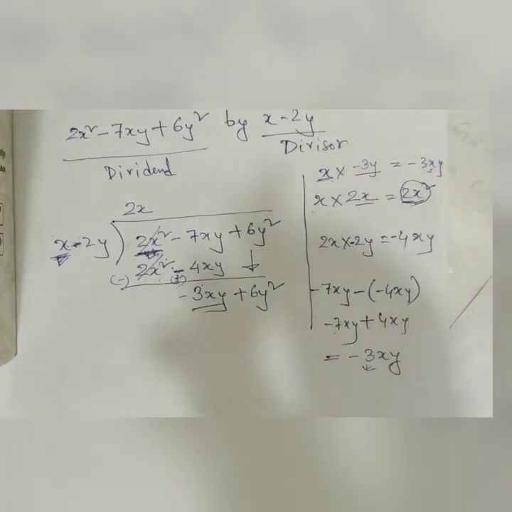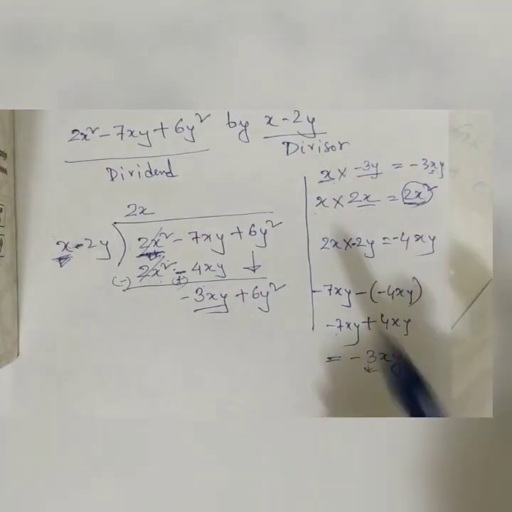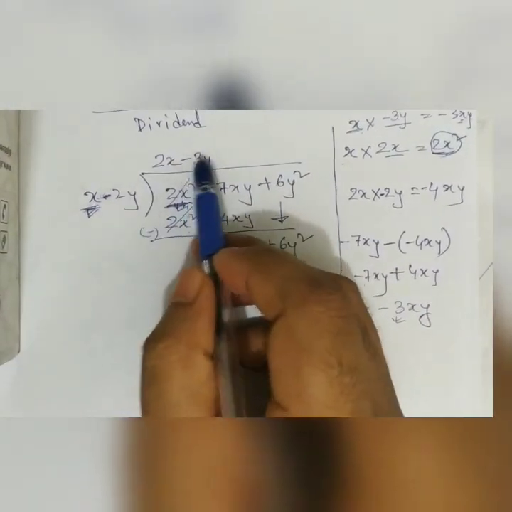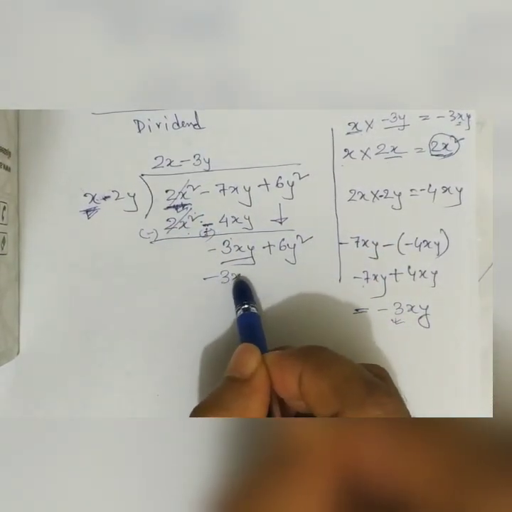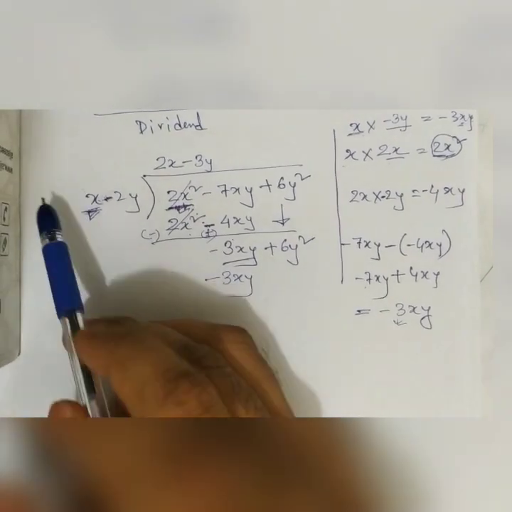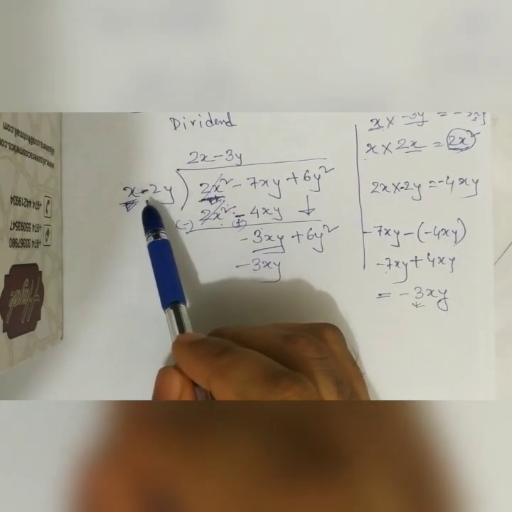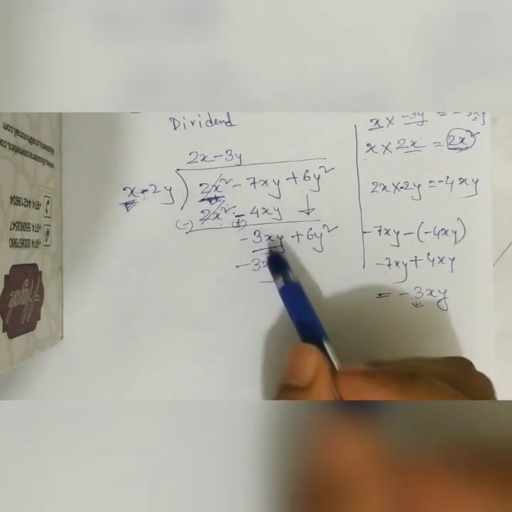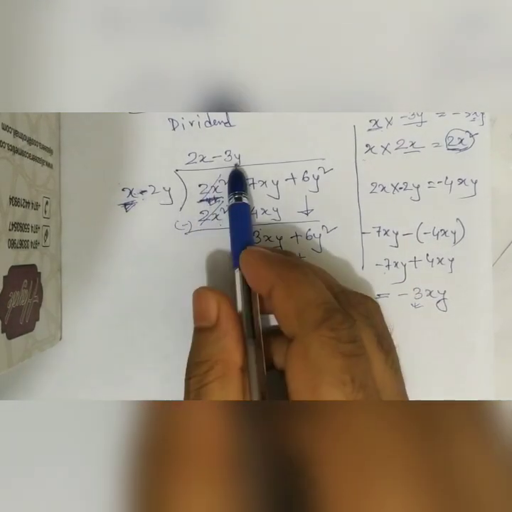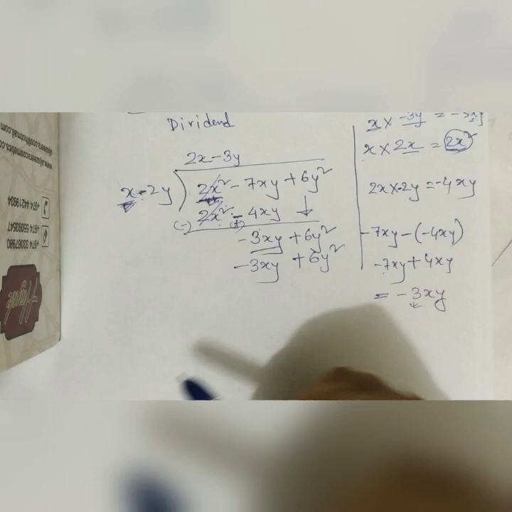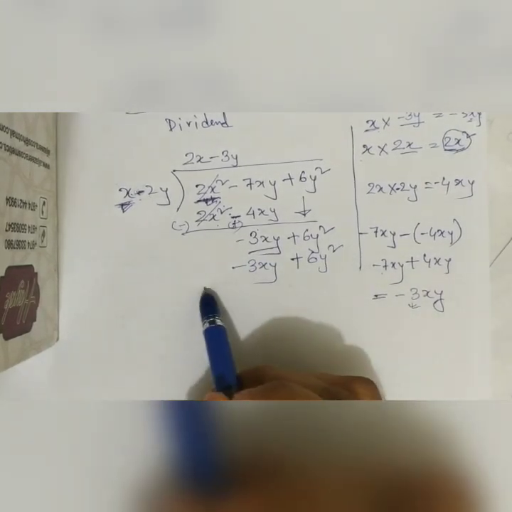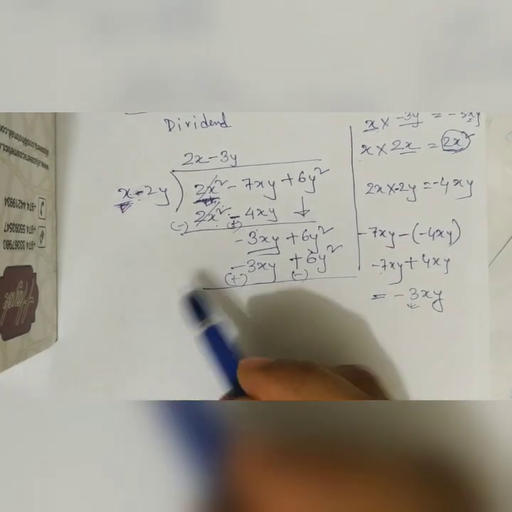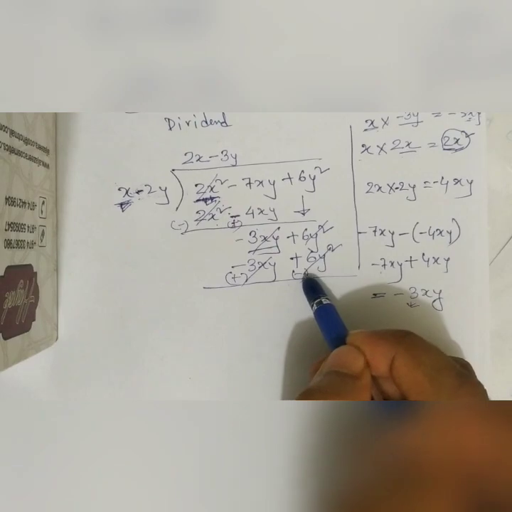Okay, so I put a minus 3y over here. So x into minus 3y is minus 3xy. Then x into minus 2y as well. So if you multiply minus 2y with minus 3y, minus minus plus comes. 2y into 3y is 6y square. So you see this has matched. This becomes plus, this becomes minus. So this is gone, this gone.